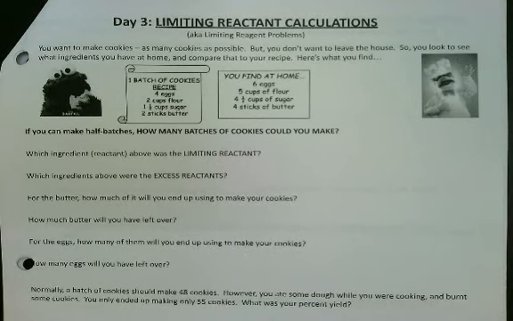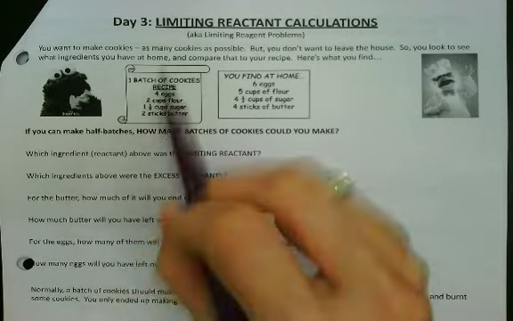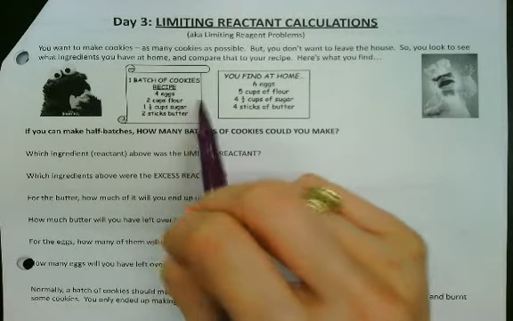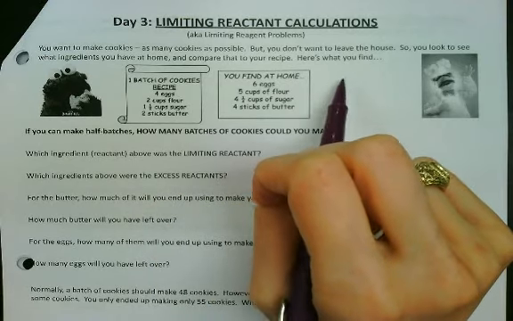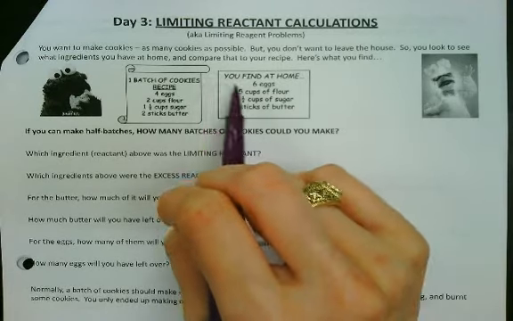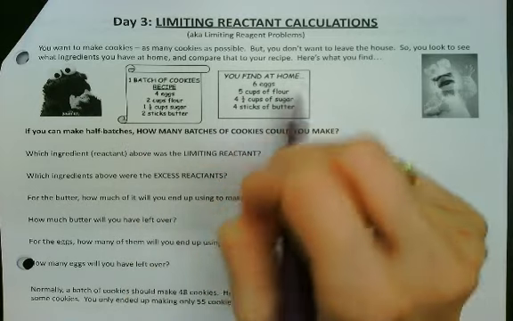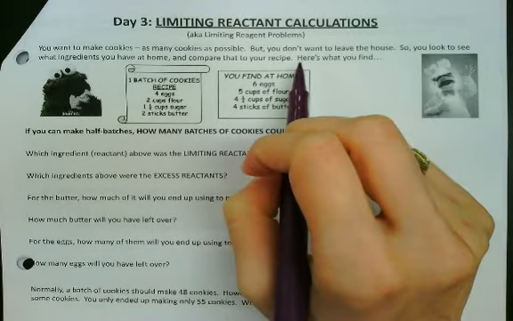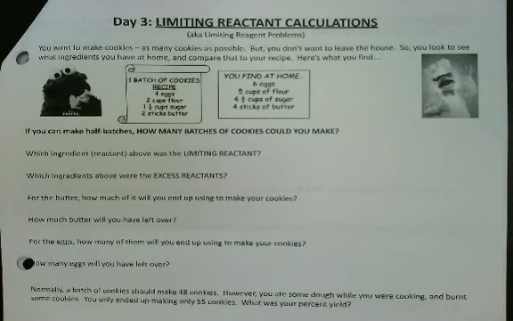Okay, so right here we have a cookie recipe, and we are trying to make cookies, but we do not want to leave our home, okay? So we're going to look at our cookie recipe, and look at what we find at our home, and try to see just how many cookies I can make without leaving my house.